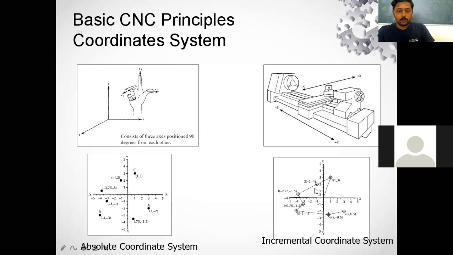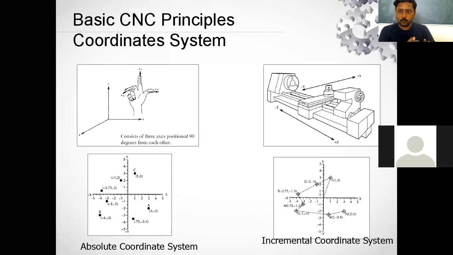But in the incremental coordinate system, you just find out A, which will be the base of the coordinate system, and the second point will be based on the prior one. This is called the incremental coordinate system.